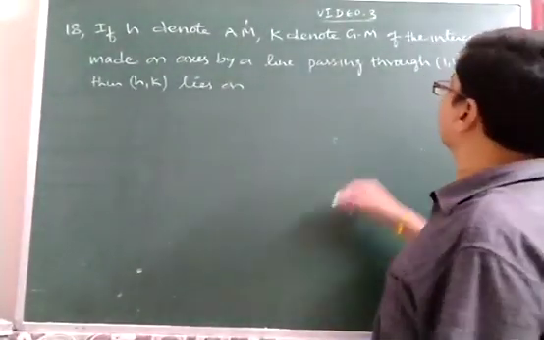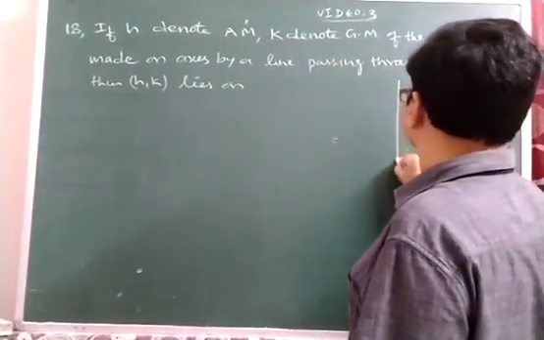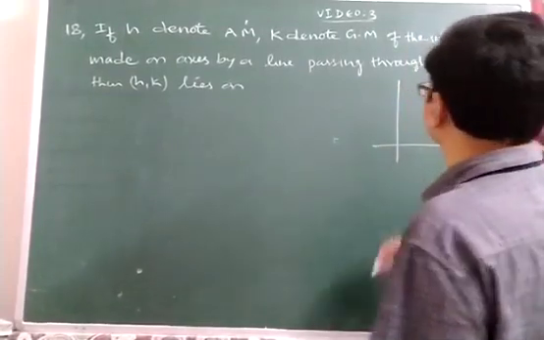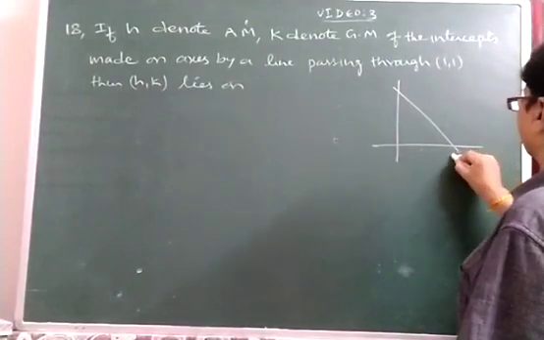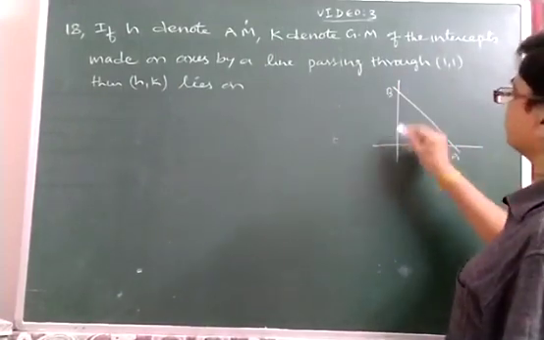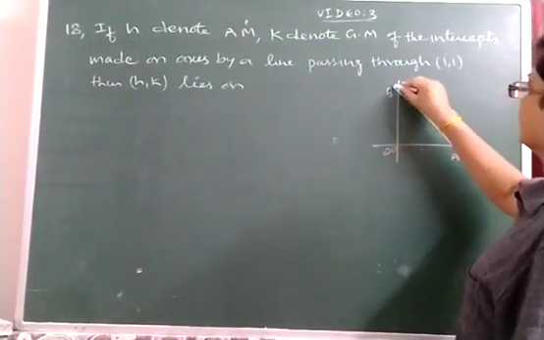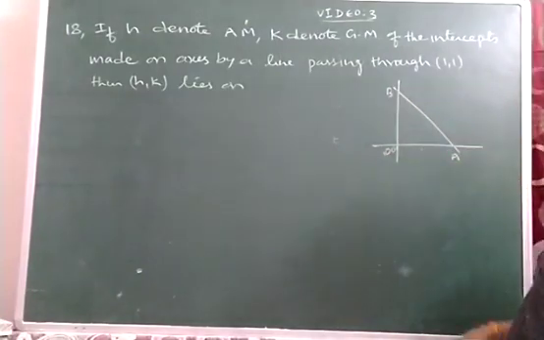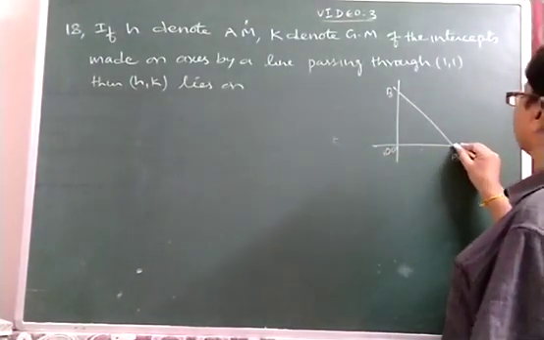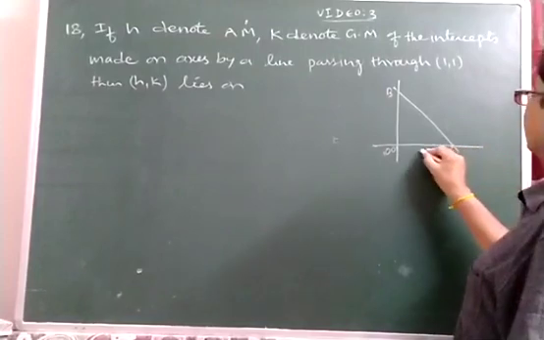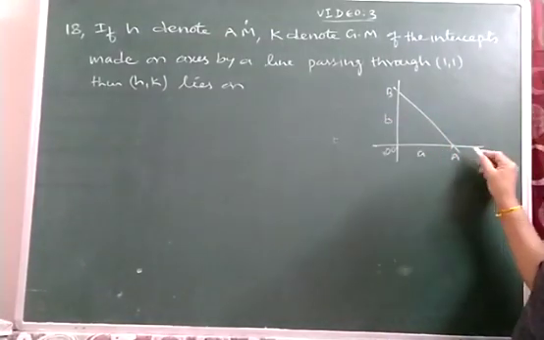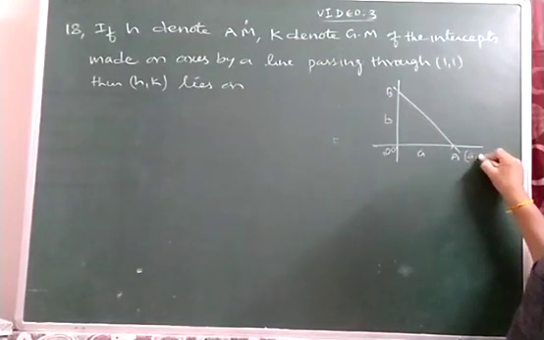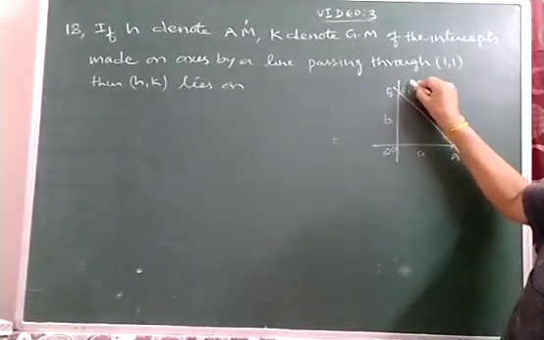That means we are taking a straight line which lies in the first quadrant and cuts the coordinate axes at A and B. This is the origin. This is a straight line whose x intercept is a and y intercept is b. So here A is (a, 0) and B is (0, b).